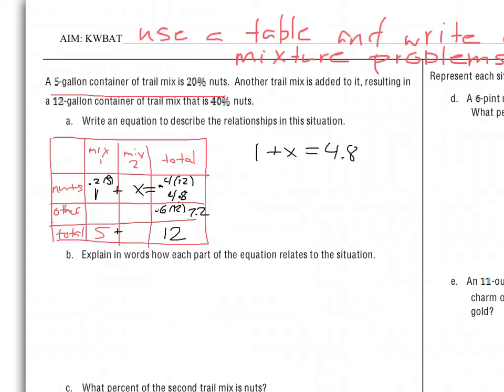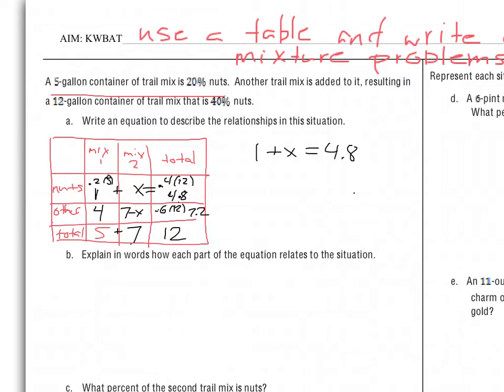We could also say 5 plus this unknown y is equal to 12. Well, we know that's actually just going to be 7. We really don't have to solve an equation for that one. And this is going to be 1 plus 4.8, and we can't really figure this one out, so it would be 7 minus x. So 7 minus whatever is nuts is going to be other here.